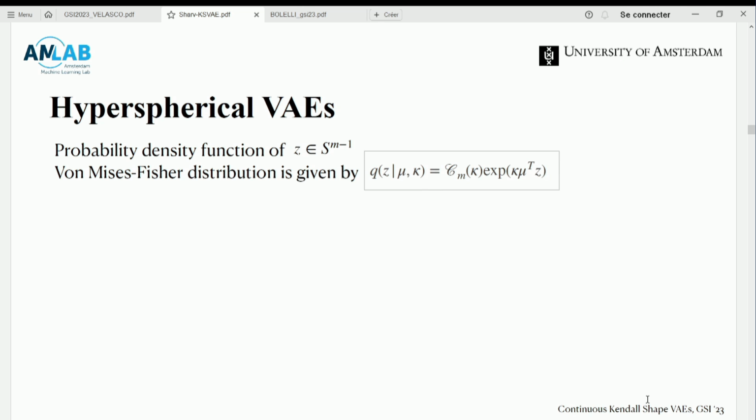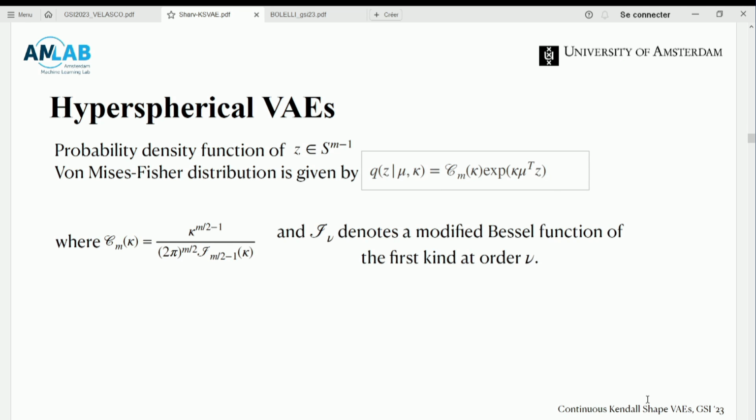The density function is mapped directly onto a hypersphere of dimension, for example, m-1. The von Mises-Fisher distribution is given as follows, and consists of two parameters, mu and kappa. Mu acts as the mean, and kappa acts as a concentration parameter, in some sense vaguely like the standard deviation in a Gaussian distribution. And this complicated looking term is just a modified Bessel function.